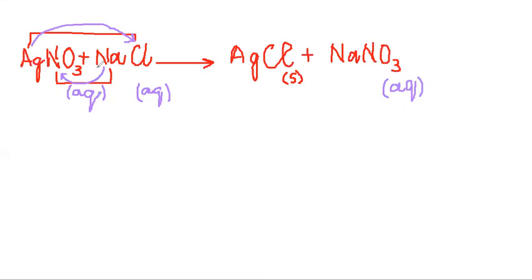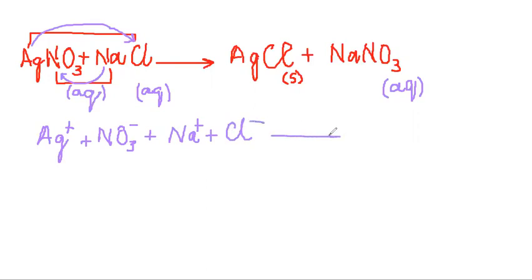Now just write those in aqueous solutions, those are soluble in water, they will be separated into ions. So they will be in ionic form. Ag plus, NO3 negative, plus Na positive sodium ion plus Cl negative ion.